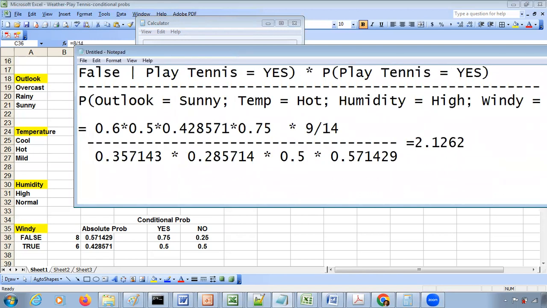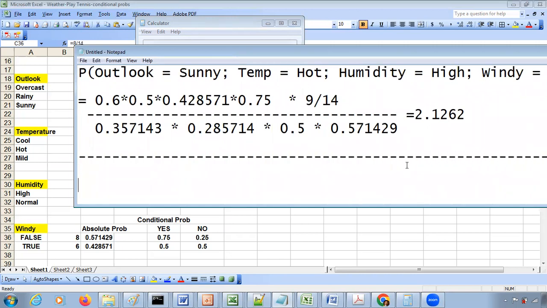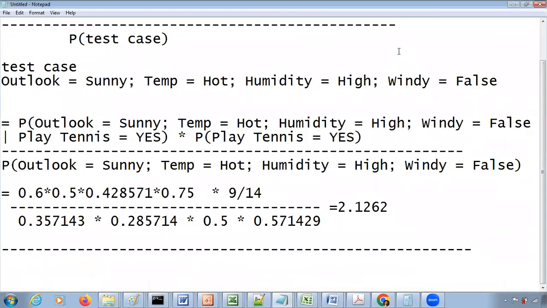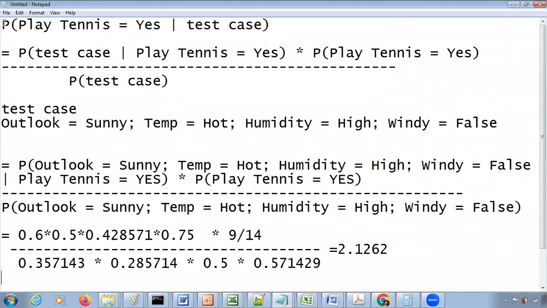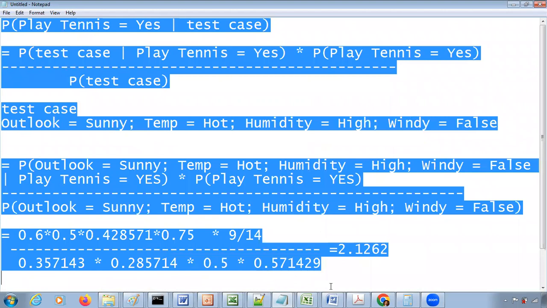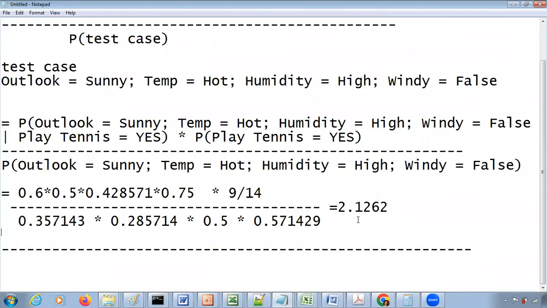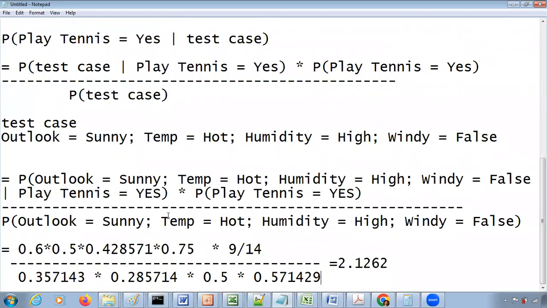So now we have to repeat the same thing: given the test case, find the probability that play tennis class is no. You can copy and paste this work and make the changes. So we want to find now for no for this test case.